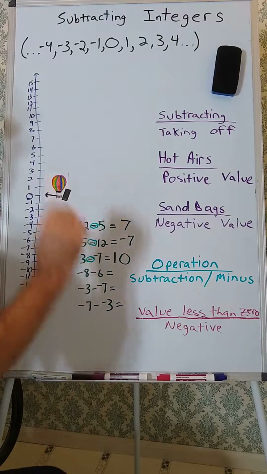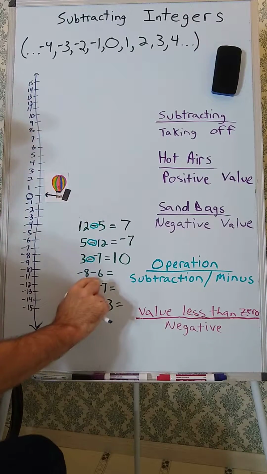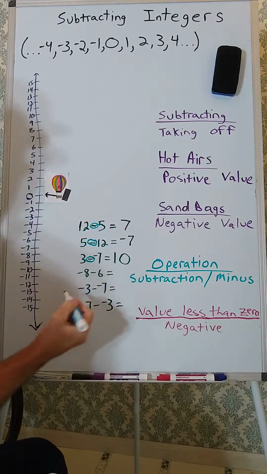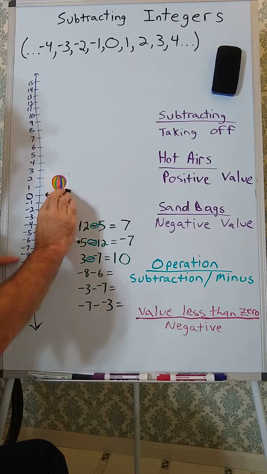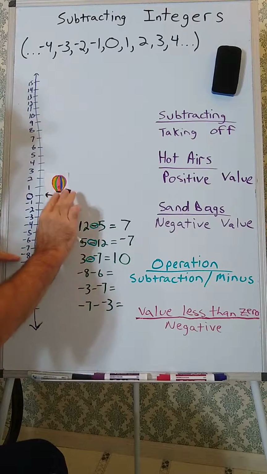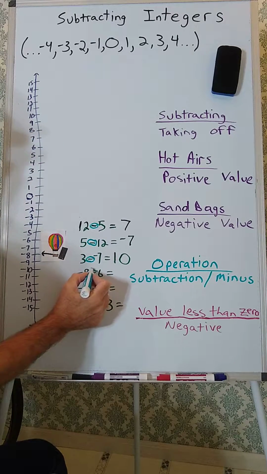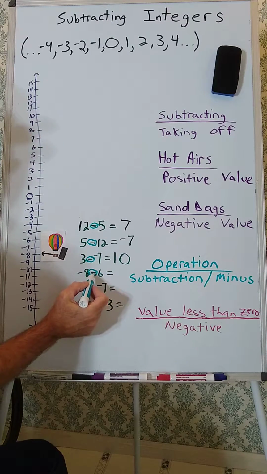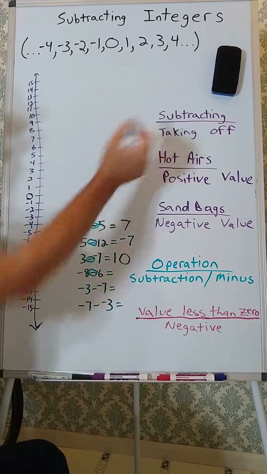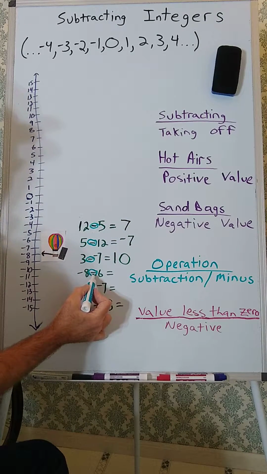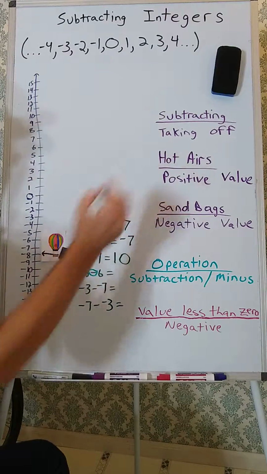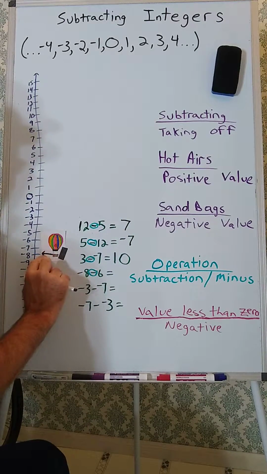Next one, negative 8 minus 6. The balloon's going to start at negative 8 because that's 8 sandbags. That's going to cause the balloon to go down here. And the operation is subtraction, that's the taking off. What number comes after the operation? A 6. So that's going to be 6 hot airs. We're starting at negative 8.